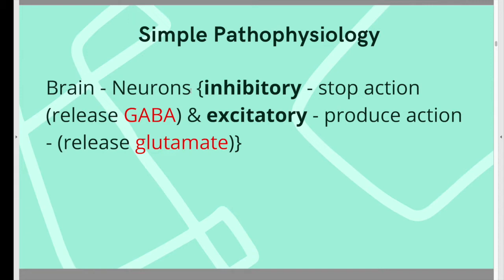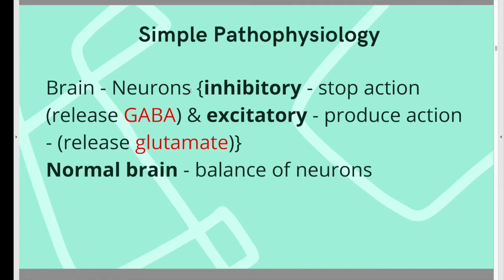It does this by releasing GABA, an inhibitory neurotransmitter. While excitatory neurons produce action or cause excitement, and they do it by releasing a neurotransmitter called glutamate.